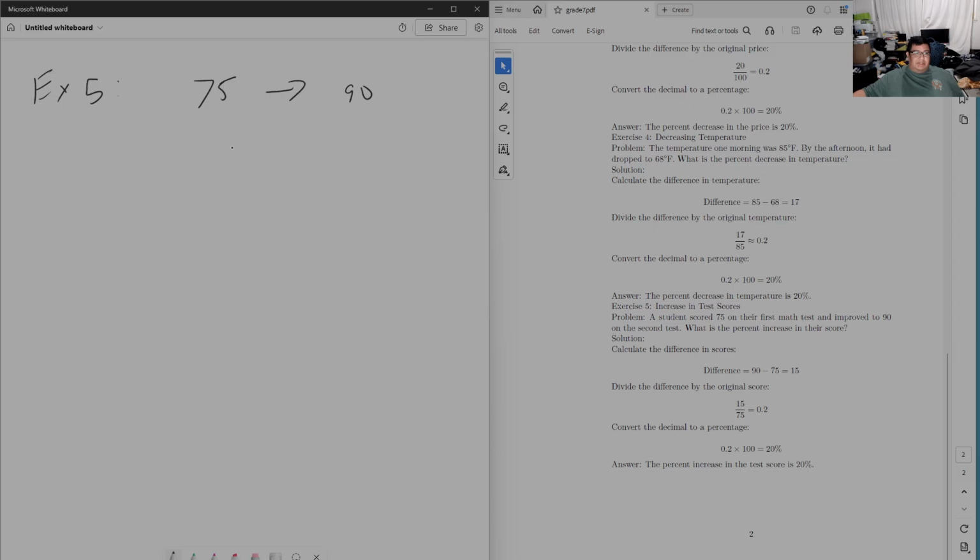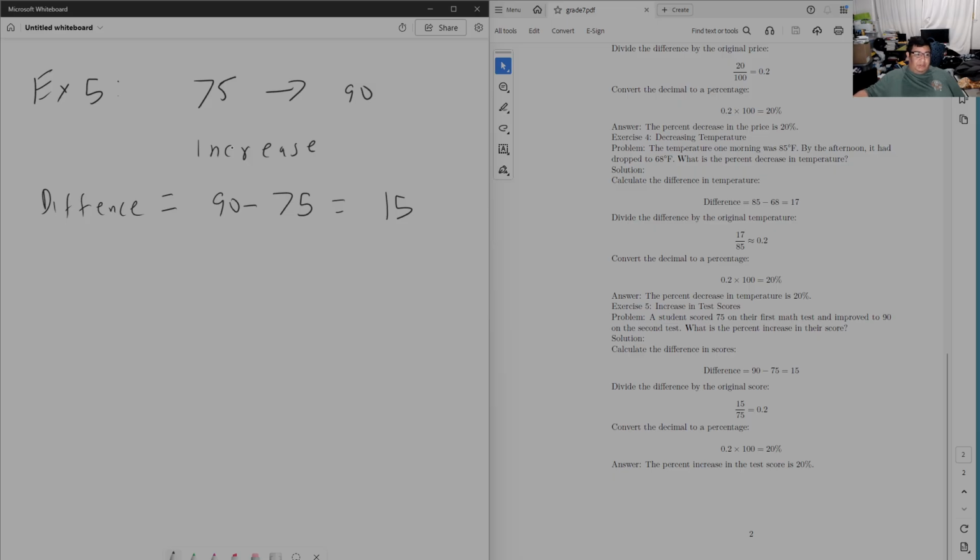So that's definitely an increase. In this case, we're going to do the difference first. So that's going to be 90 minus 75. When you do the calculation, that should give you 15.